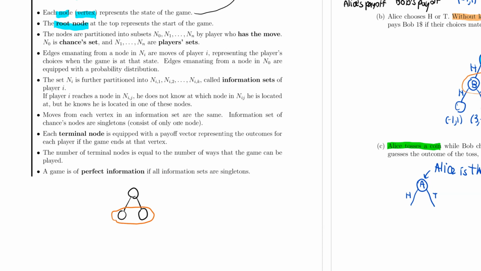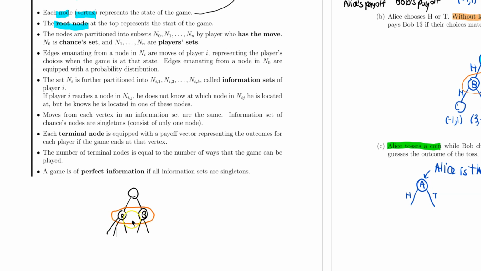So let's say if the left one has 2 possible actions, then the right one needs to have 2 possible actions as well. If the left one has 3, for example, the right one would also have 3 possible actions. And this is because, let's say if the left one has 3 and the right one has 2, then when this guy, let's say this is Bob, comes into play, he can assess how many actions he has, and then he can tell which node he is at.